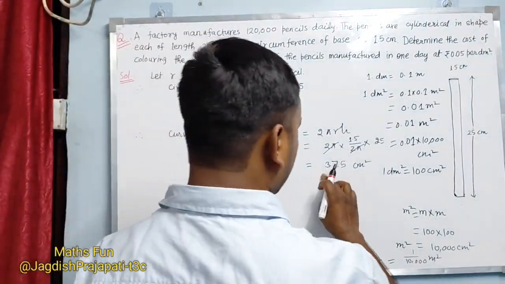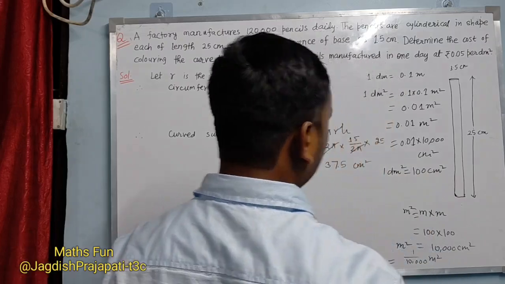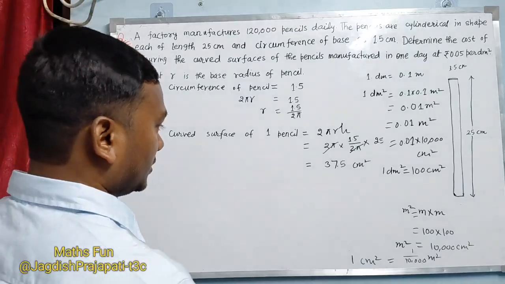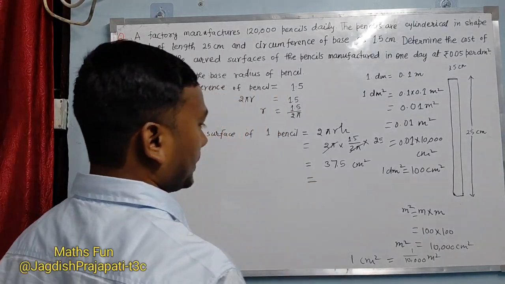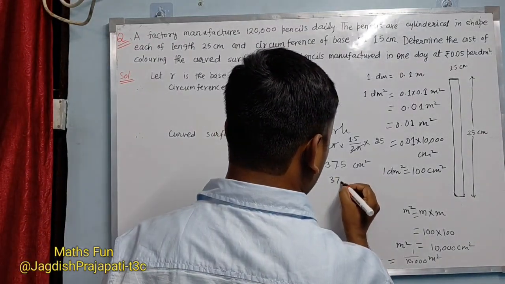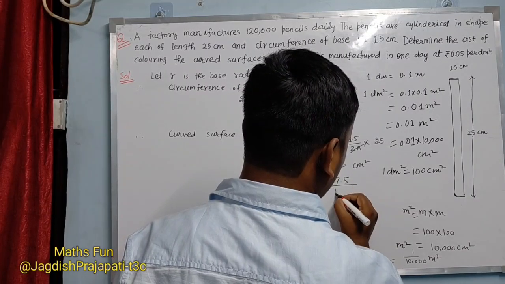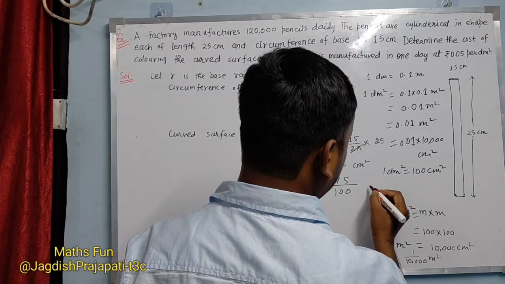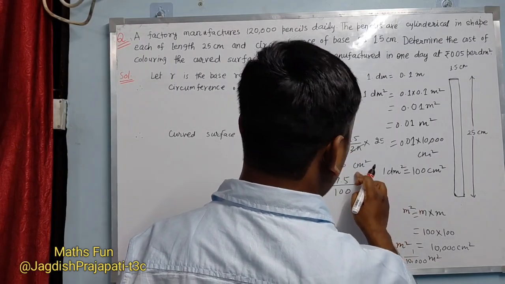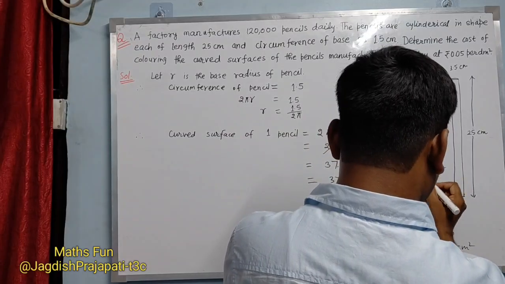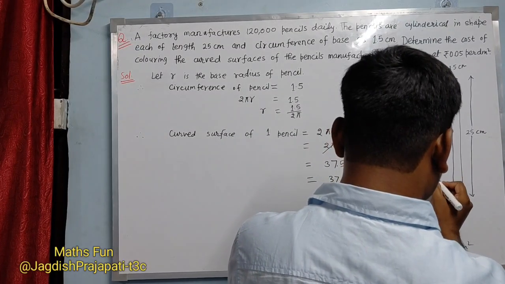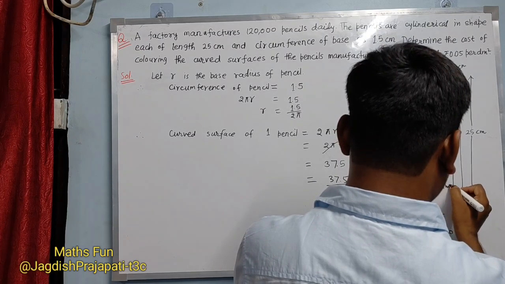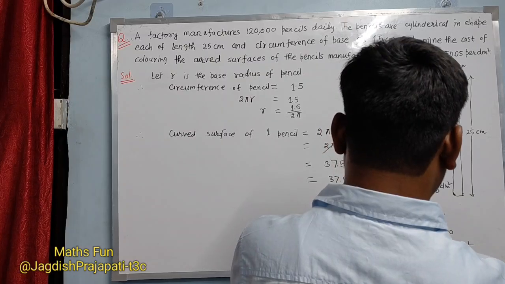So if we divide by 100, it will be in square decimeter. Therefore 1 square centimeter will be 1 upon 100 square decimeter.